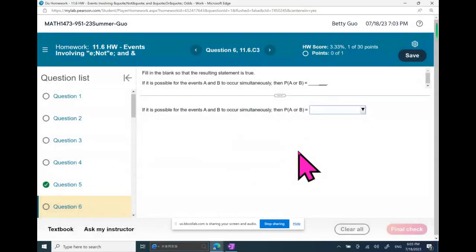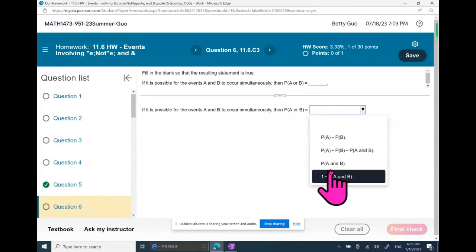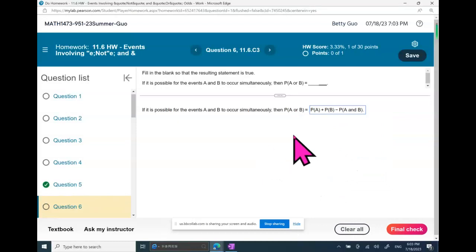If it is possible for the events A and B to occur simultaneously, then the formula to compute P of A or B is this formula. Here we have a concept, it's called mutually exclusive.